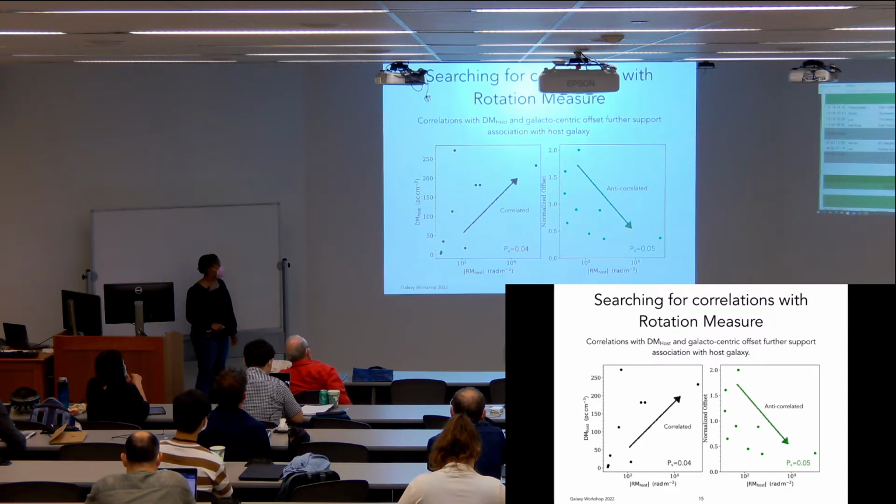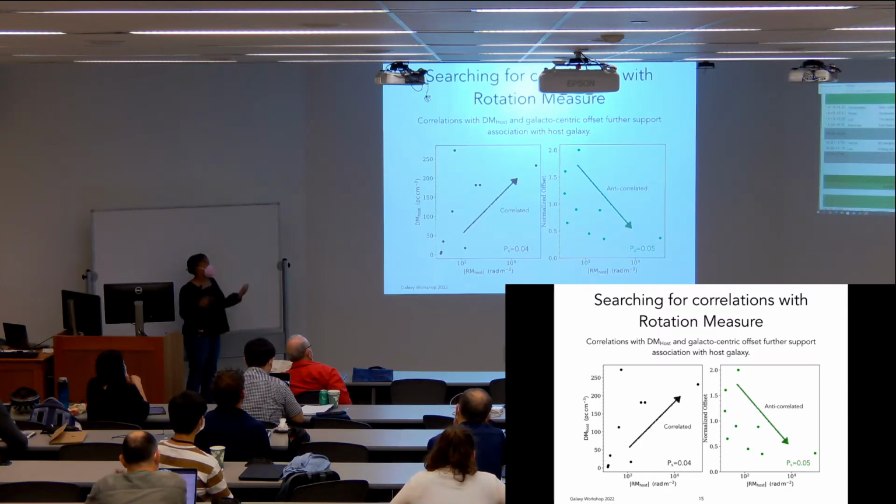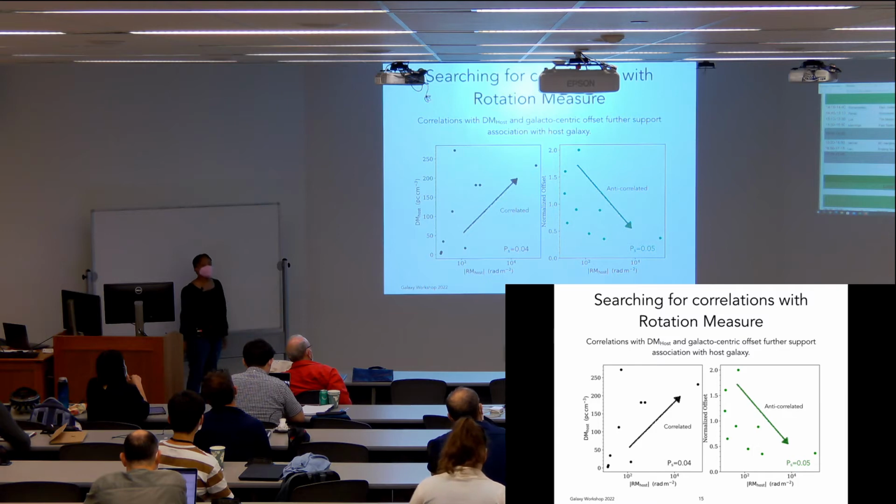So we see RM and DM host, and this positive correlation that I stated before, and then rotation measure and host normalized offset shows this anti-correlation here. And I think this further supports the association of the rotation measure signal with mostly coming from the host that the burst is originating from within.